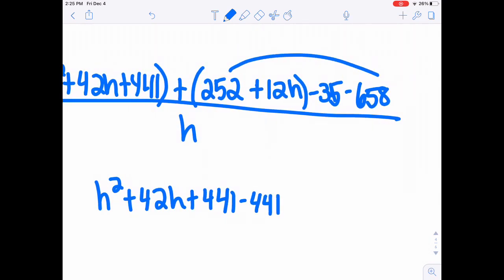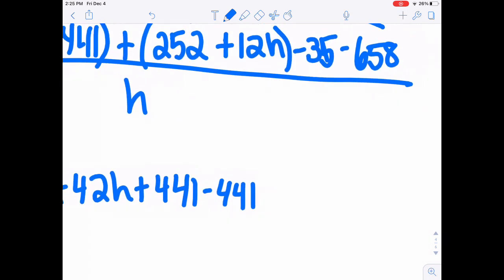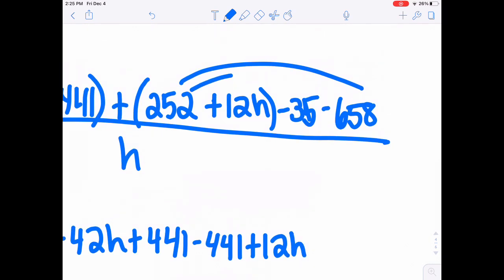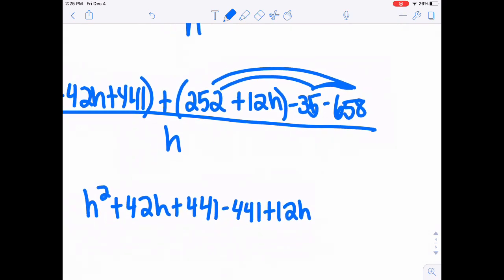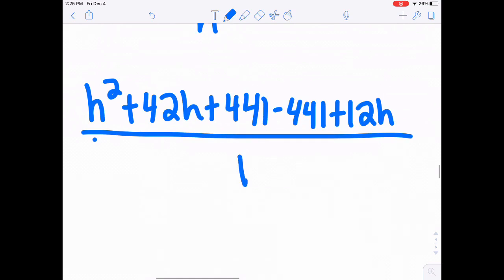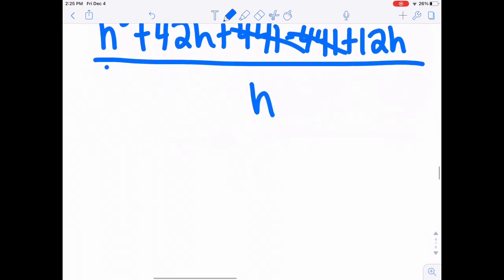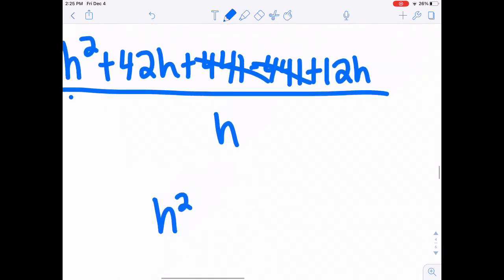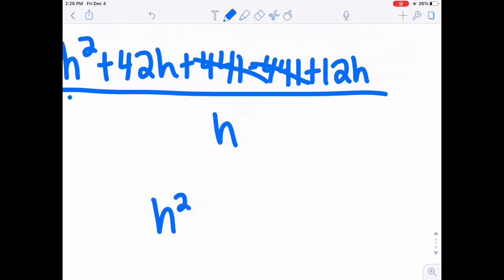Then next we're going to add up and subtract 252 and 658, and then also 35, and we're going to get negative 441. Then we're going to take the 12h and add that, and it's all going to be over h. Then we can see that there's a 441 and a negative 441, and those cancel out.